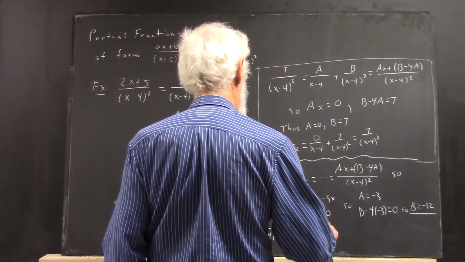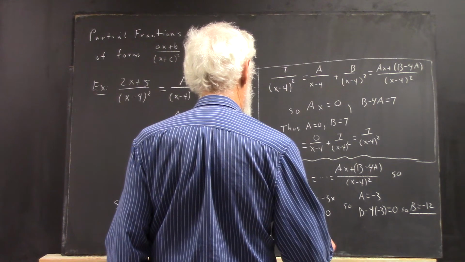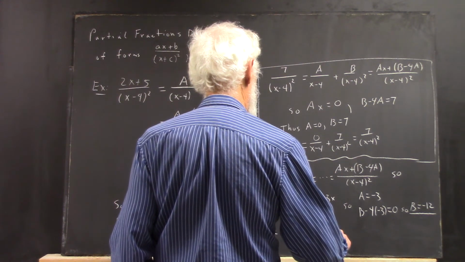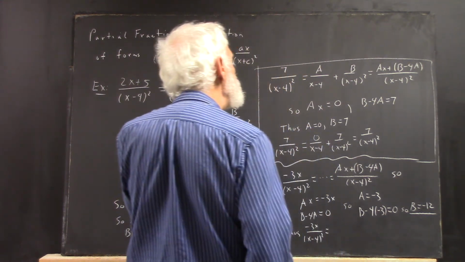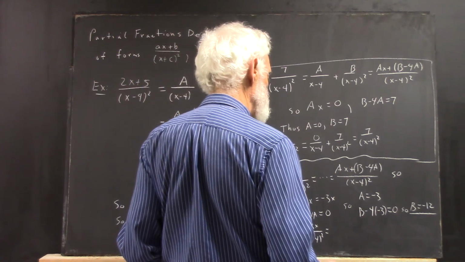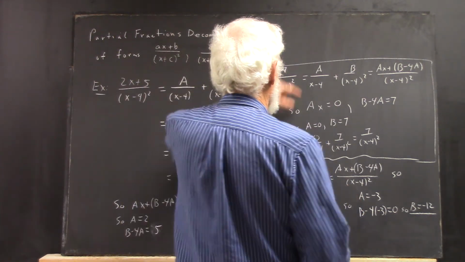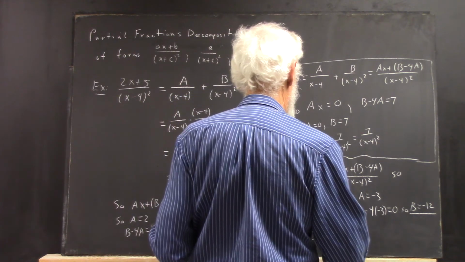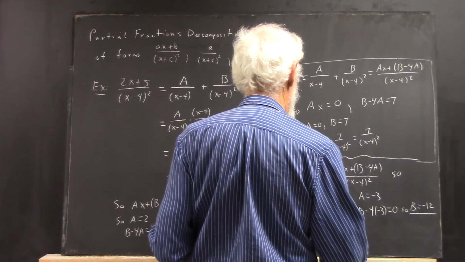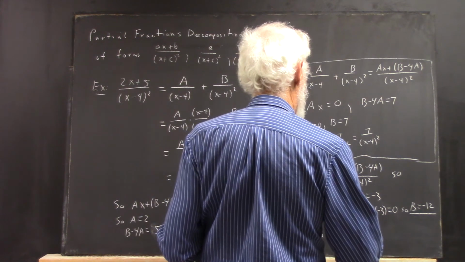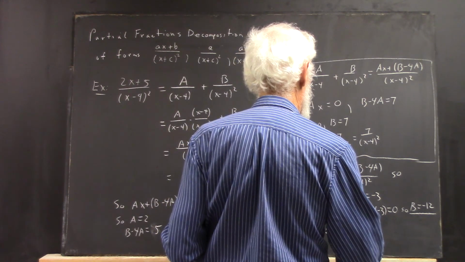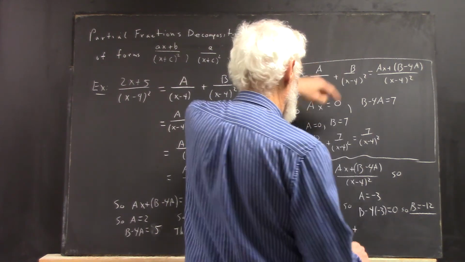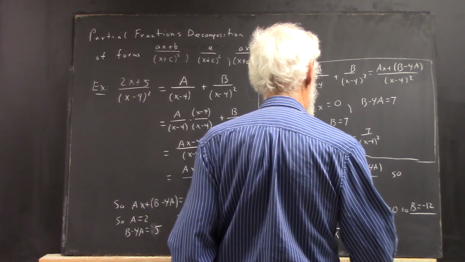Thus, negative 3x over x minus 4 squared equals the decomposition a over x minus 4, a is negative 3, plus b over x minus 4 squared.